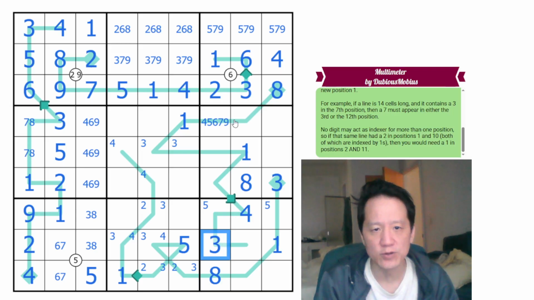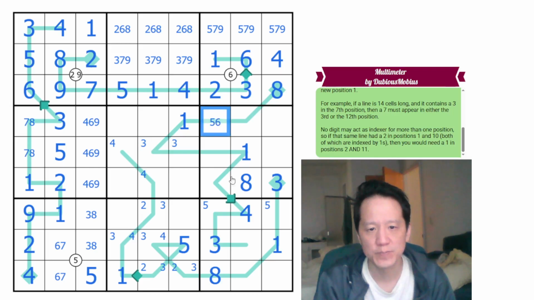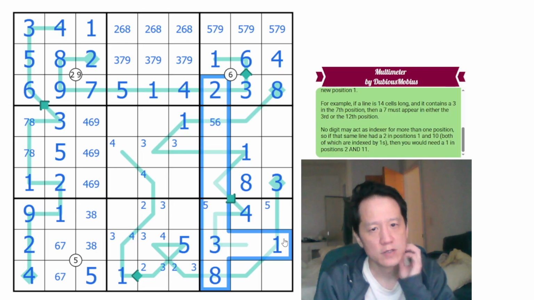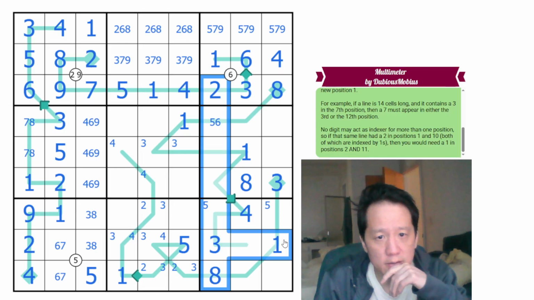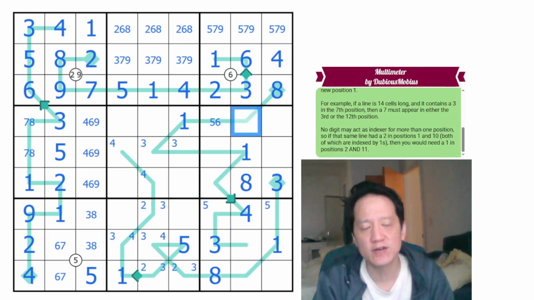The other 3 has to be one of these two cells. So this is 5 and 6. So this has to be a 5 or 6 to index it. 2 cannot be here or here. Remaining digits along column 8 are 2, 5, 7, 9.